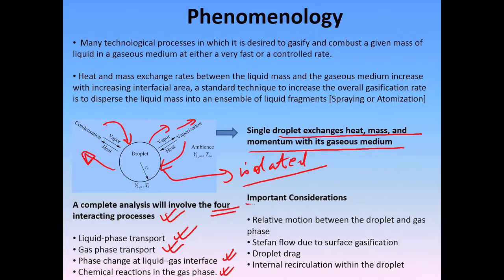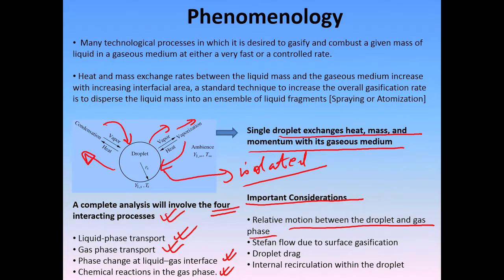What are the important considerations for this? An important consideration is that there could be relative motion between the droplet and the gas phase. This is normally true, because, for example, we are spraying droplets into a heated environment. Let us take that example. The speed with which the droplets are injected may be different from the gas phase velocity.